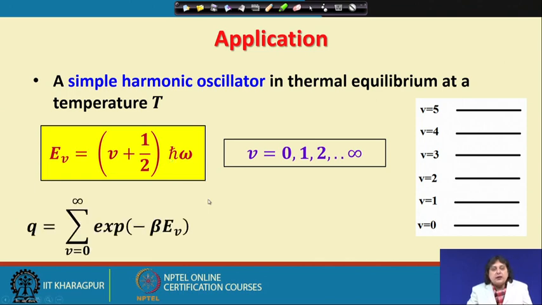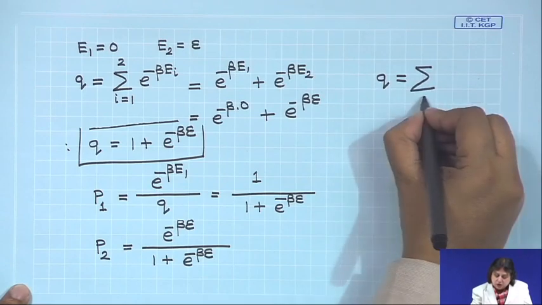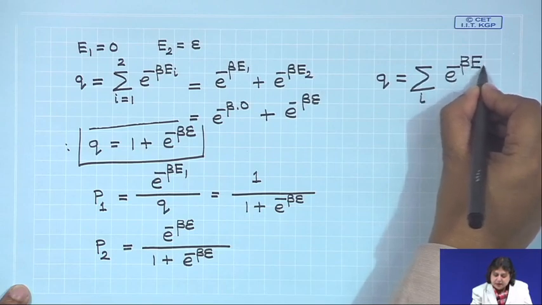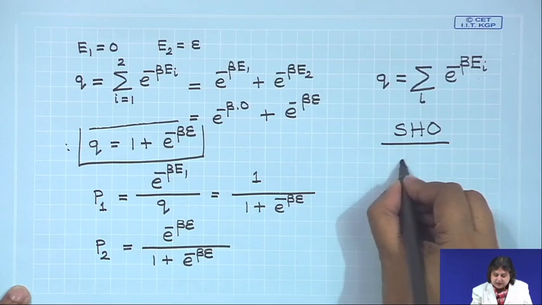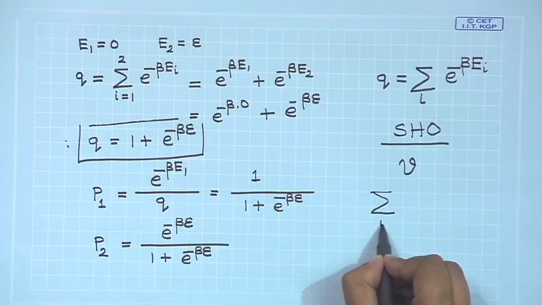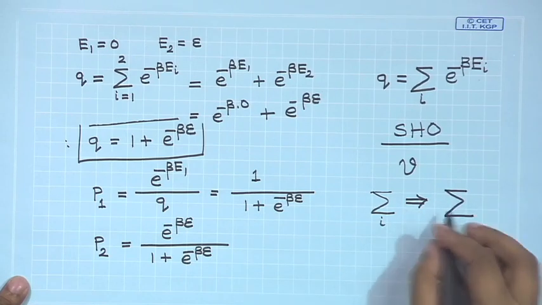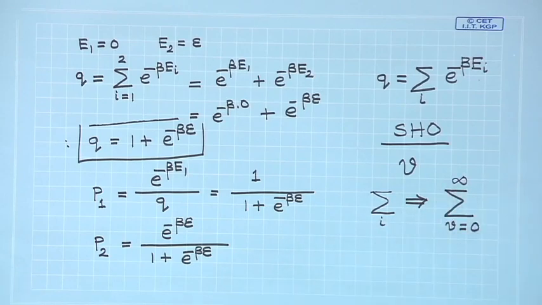And therefore, once again, since the basic definition of small q is summation over all possible microstates e to the power of minus beta Ei. So, in the case of simple harmonic oscillators, each microstate is characterized by this one quantum number v, and therefore, here summation over all microstates, as I always write here, is actually a summation over all possible values of the quantum number v.